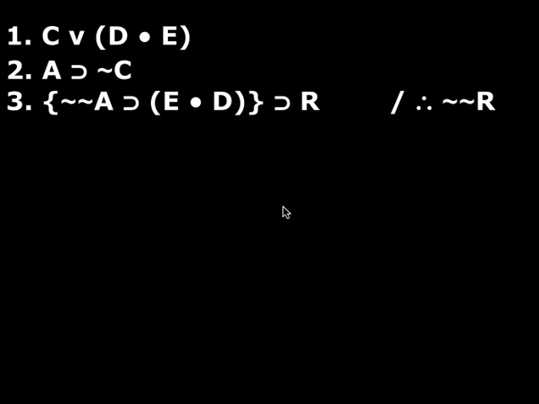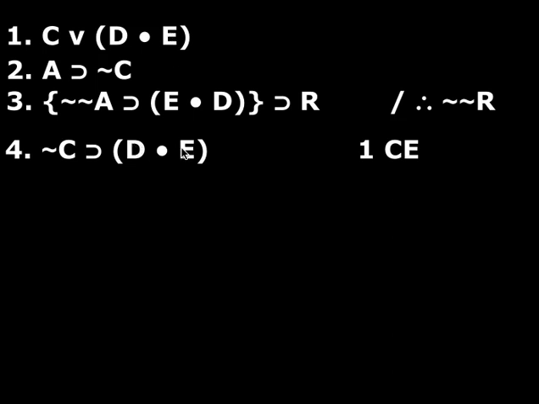If you didn't follow what I said, you will in a minute, because now this is exactly what I'm going to step through. So the first thing I'm going to do is turn line 1 into a conditional. I'm going to do conditional exchange on line 1. I turn the wedge into a horseshoe, negate the first component. C becomes not C. Everything else stays the same.